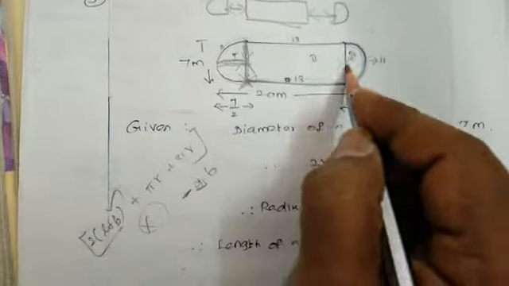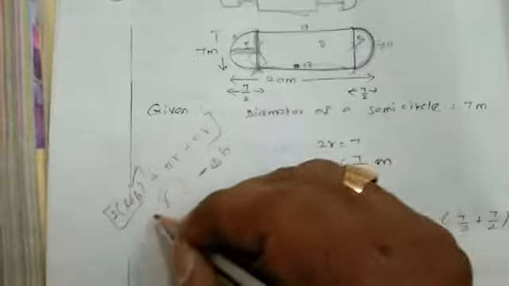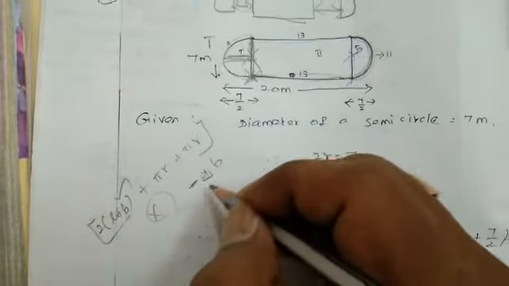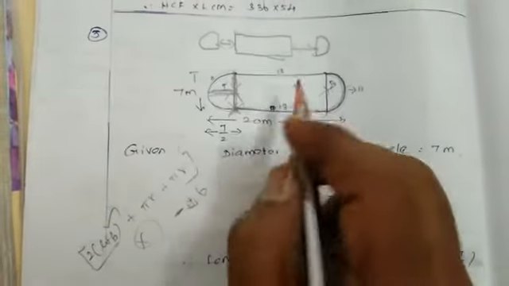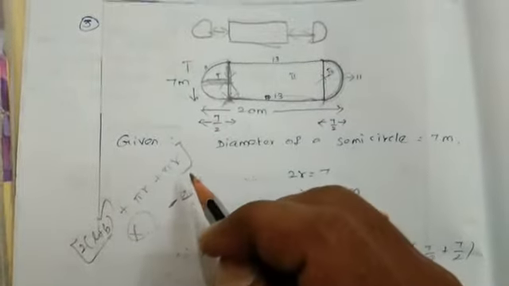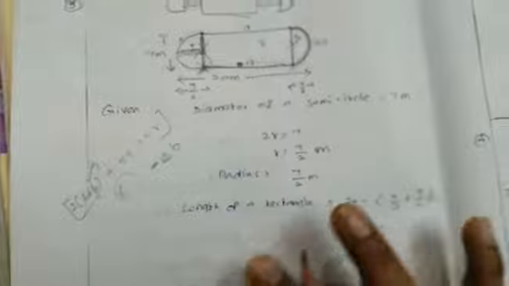We need to remove this side and this side. Okay, right. So 2 into L plus B plus pi r plus pi r minus 2b. L value is 13, B value is 7, and pi r value we have is 11. So you can use this formula also, but there is no need, because for the perimeter you are just adding the lengths.